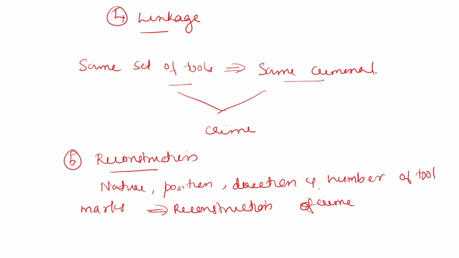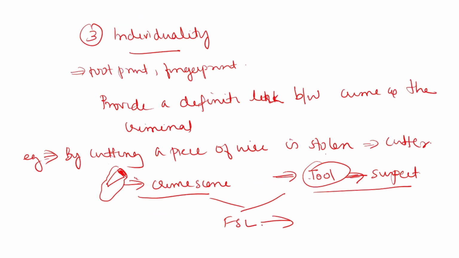So these are the five characteristics which give tool marks great evidentiary value in criminal investigation: first frequency, then permanency, individuality, linkage, and reconstruction.